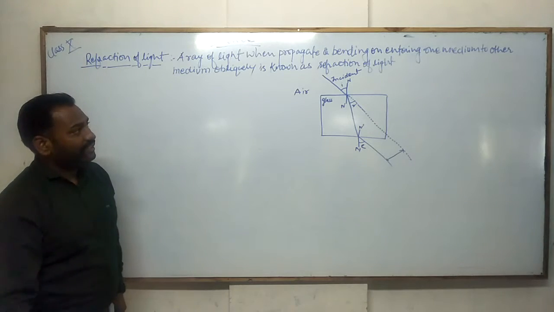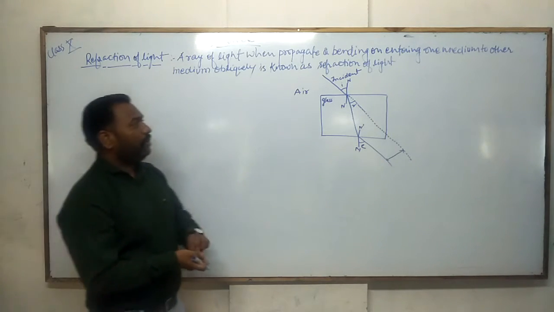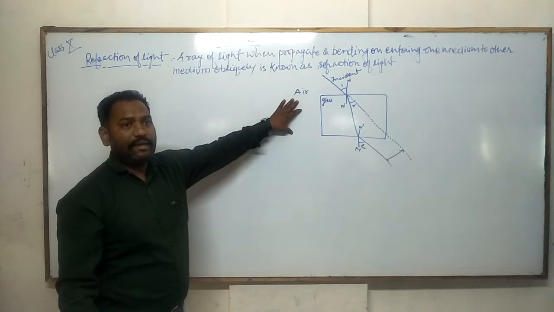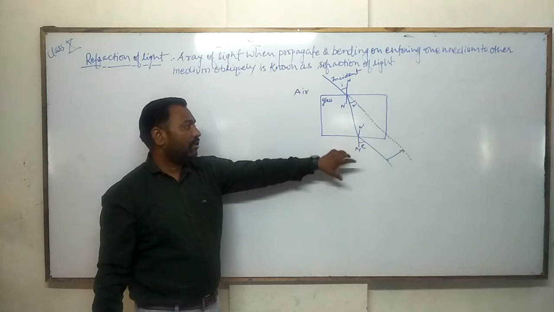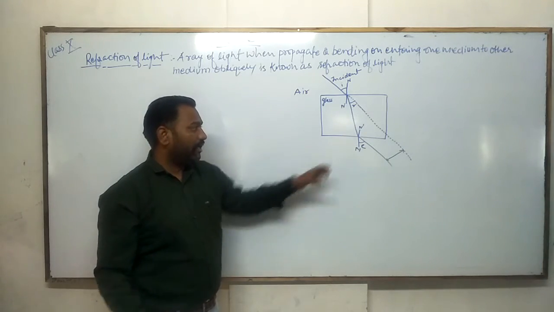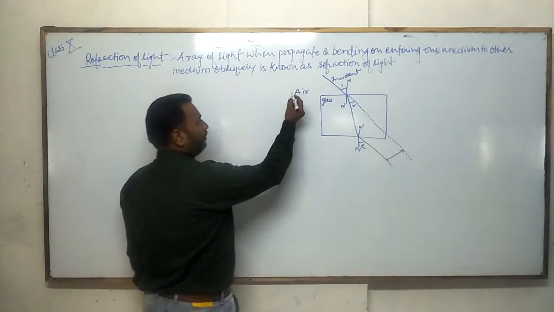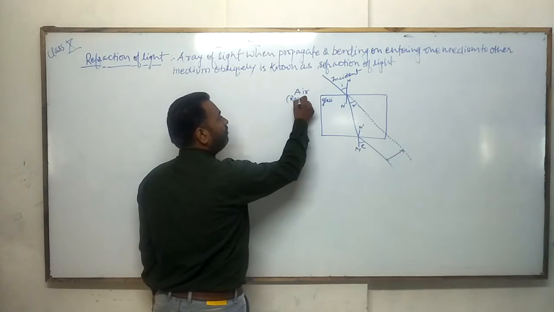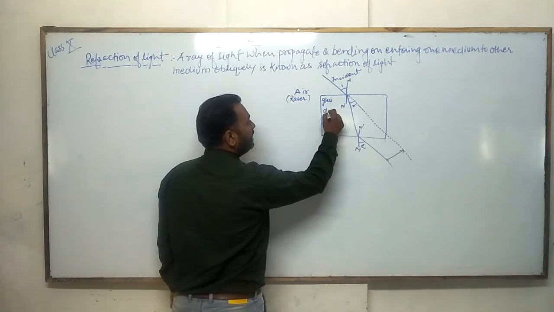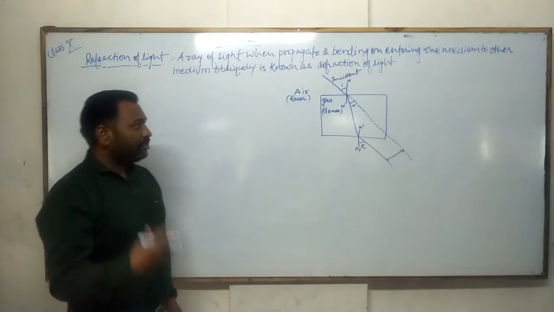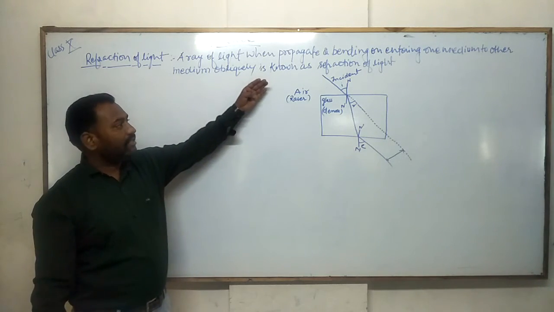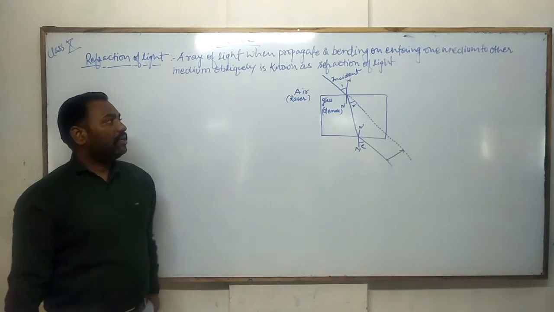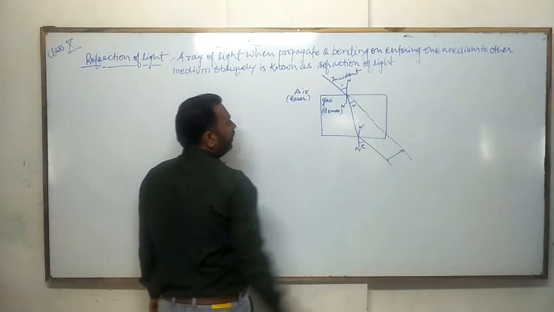When a ray of light enters from one medium, here it is air, and the other medium is glass, and then again the light goes from glass to air, we can say air is a rarer medium and glass is denser than air. I am saying denser than air, which does not mean too much dense, but in comparison with air, glass is more dense. So this is the rarer medium and this is the denser medium.